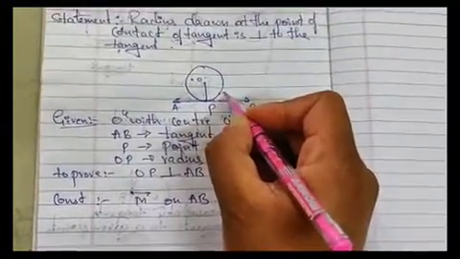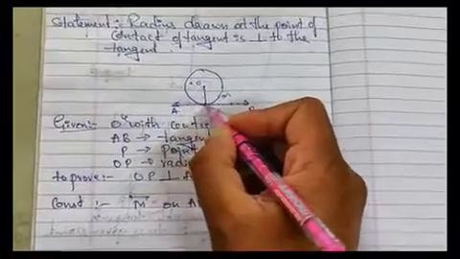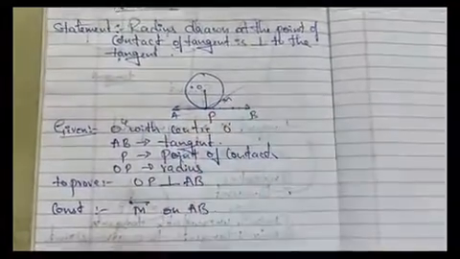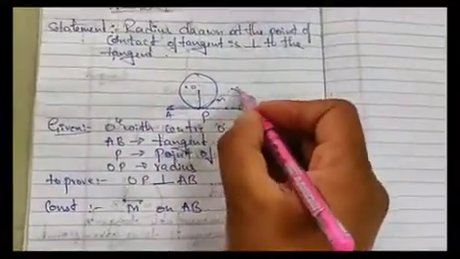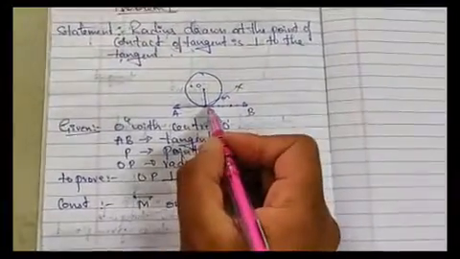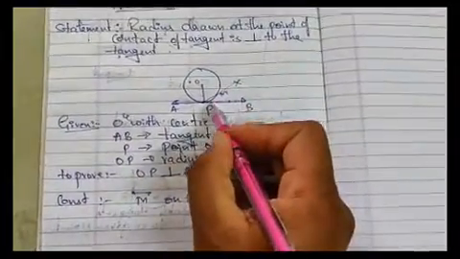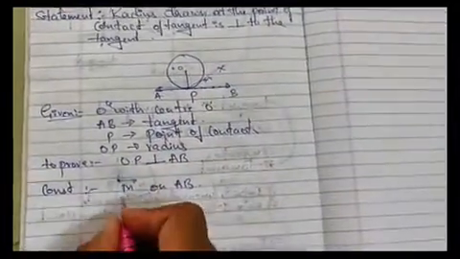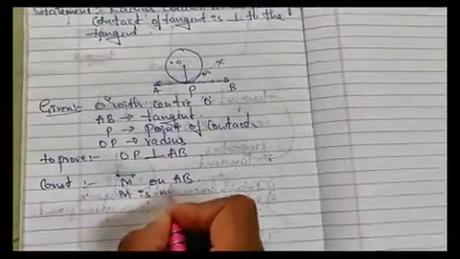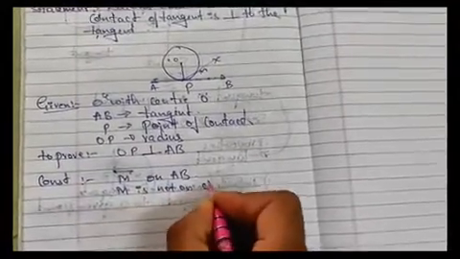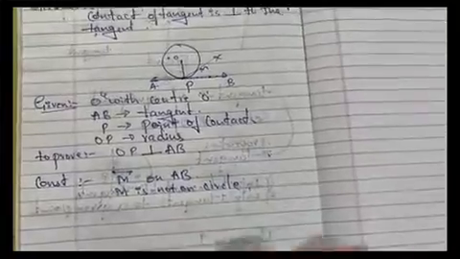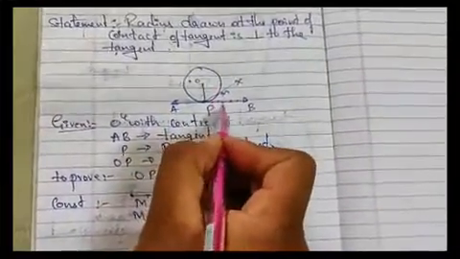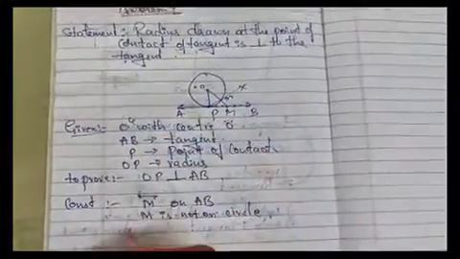If the point M lies on the circle, then the tangent will have to pass through 2 points, which is impossible, because a tangent is a line which meets the circle at only one point. Therefore, M cannot be on the circle. Therefore, I join OM.